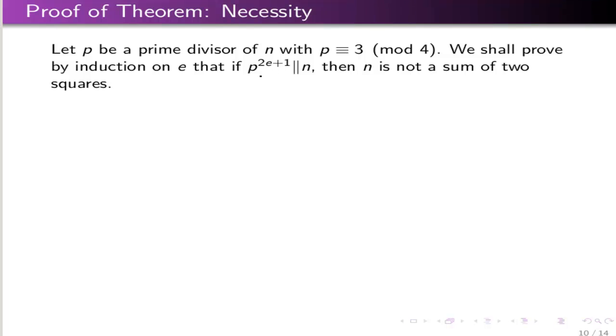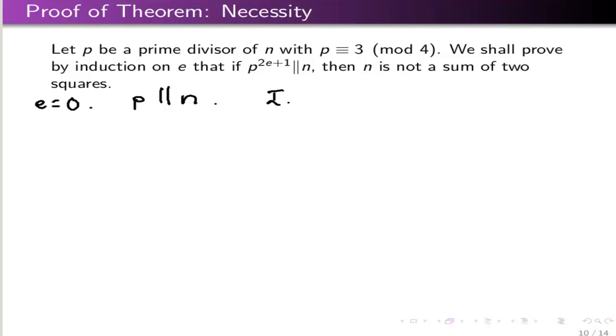So if the multiplicity of P dividing n is an odd number, then n is not a sum of two squares. So we have a base case by induction on e. Let's let e be 0 as the base case. So let's suppose P exactly divides n. And I want to show n is not a sum of two squares.